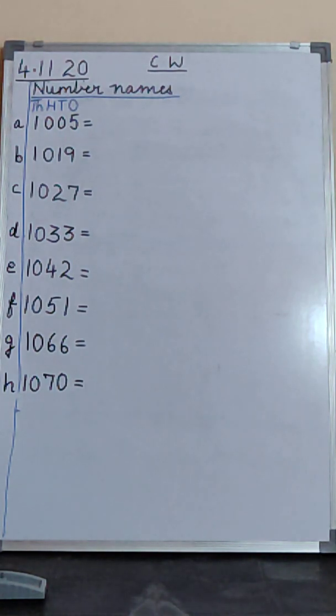Please don't write 17. Write the spelling of 70 correctly.